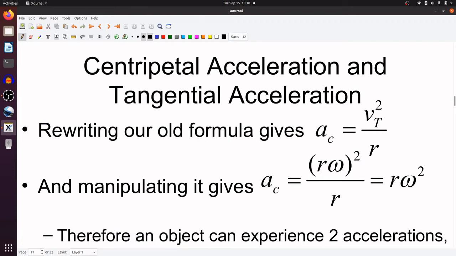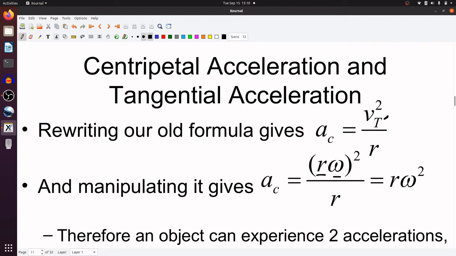There are situations where you may want to figure out, say, your centripetal acceleration. Well, we remember from chapter 5 that centripetal acceleration is v squared over r. But if we're going in a circle, we use the tangential velocity over r, and we know that that's r omega.